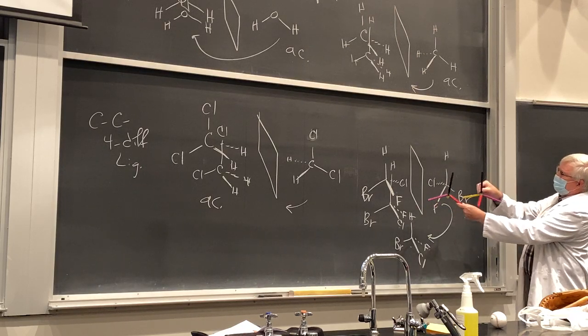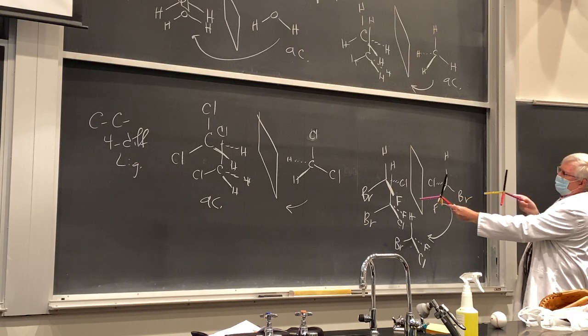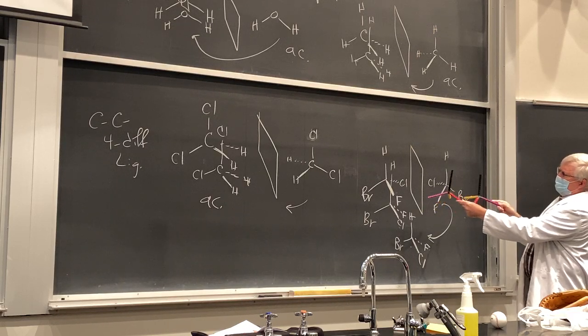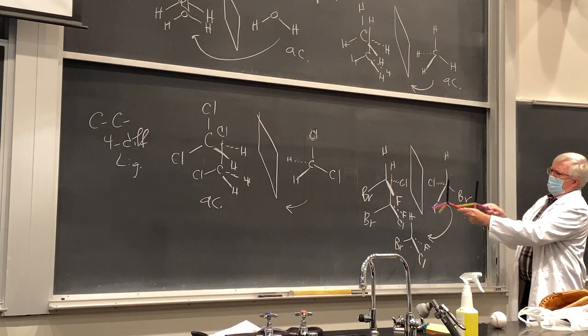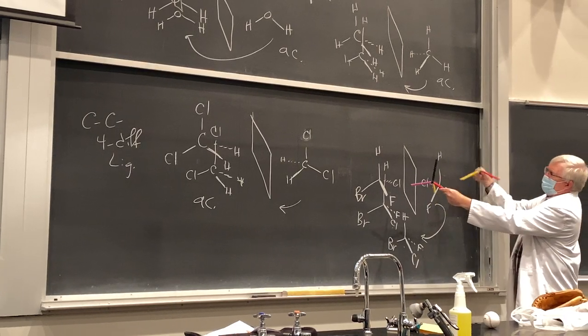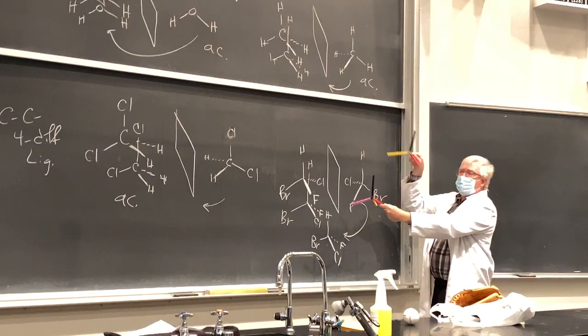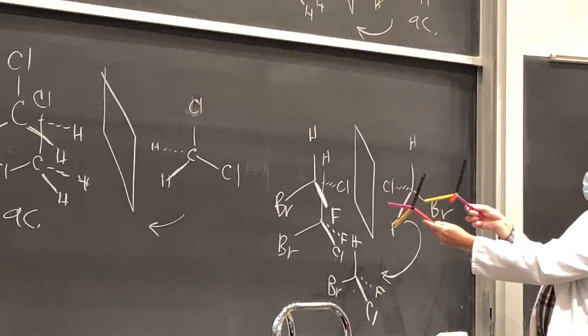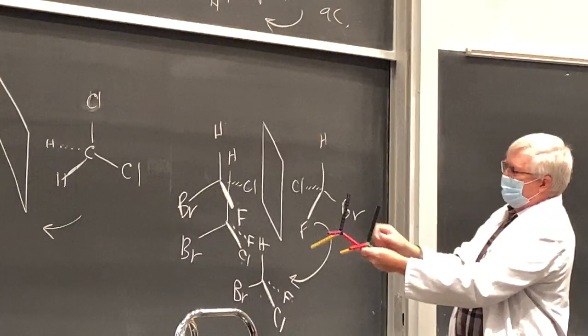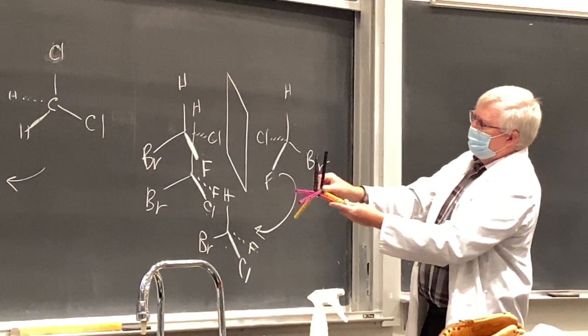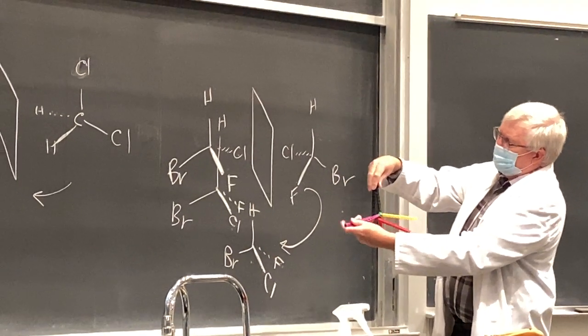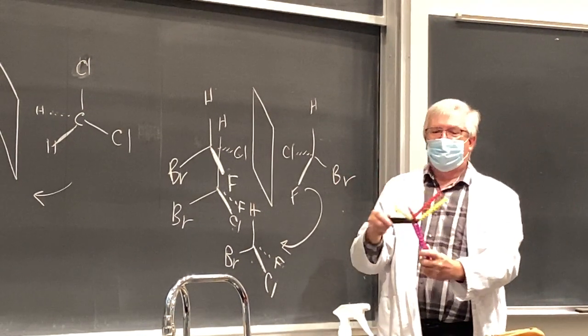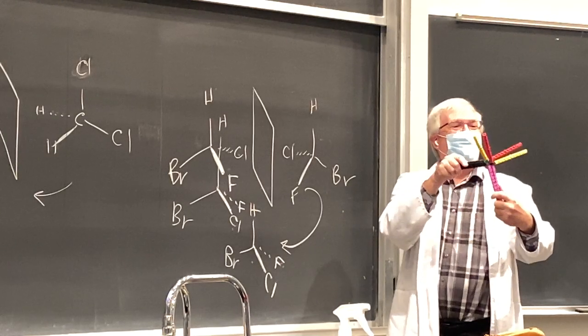Is that the mirror image? Look, purple's over here in my right hand, and purple is way over here to begin with. If you held this up to a mirror and looked at it, you'd see this. This is the mirror image. And let's try to superimpose them. Black with black's okay, purple, purple. But look, yellow with red and red with yellow.